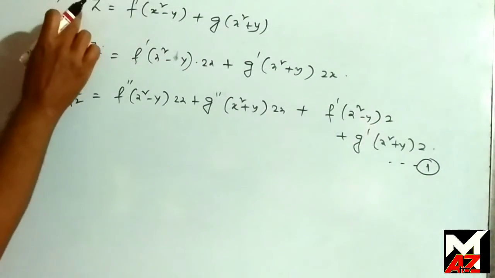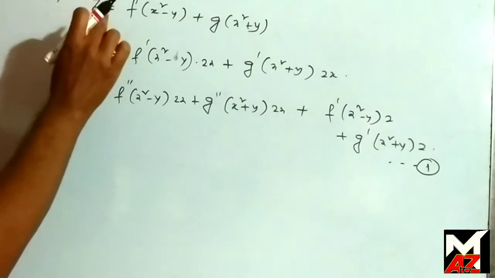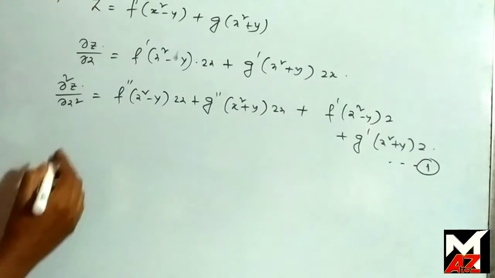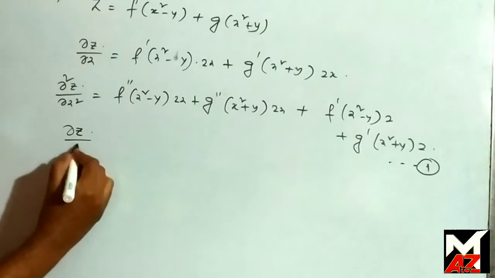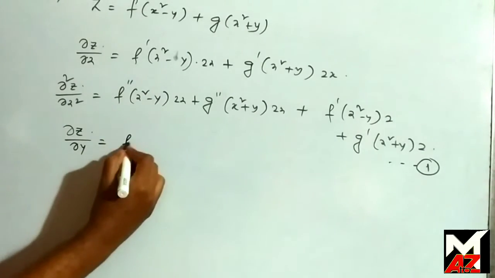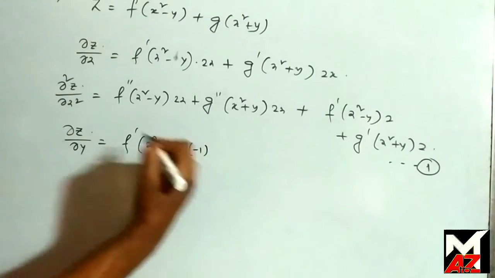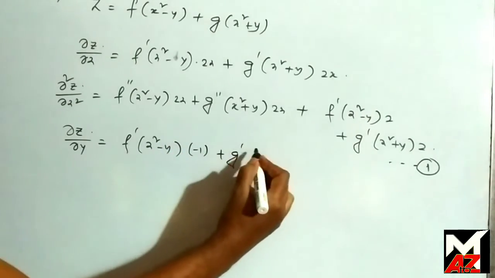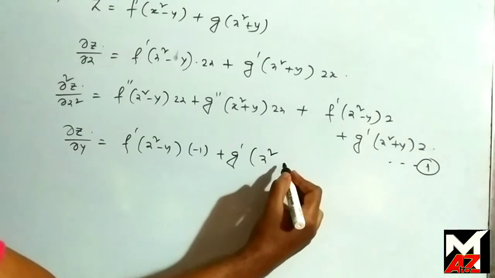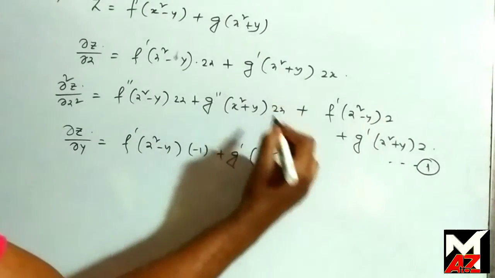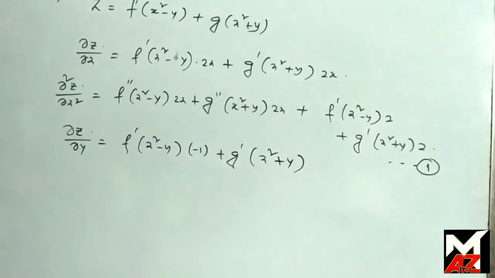Now differentiate this given relation with respect to y. We get del z by del y equal to f dash (x square minus y) into minus 1 plus g dash (x square plus y) into 1.